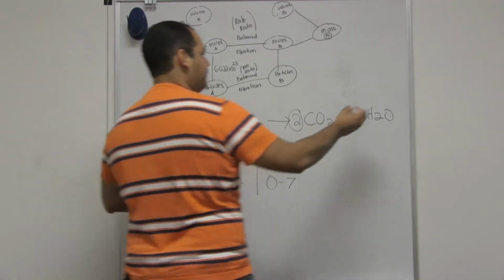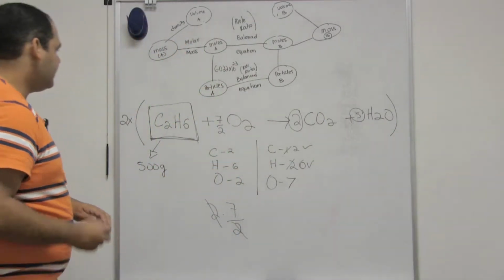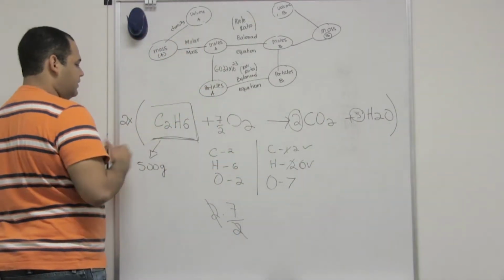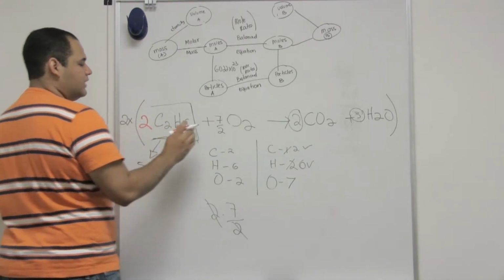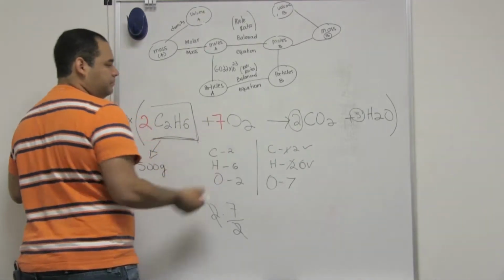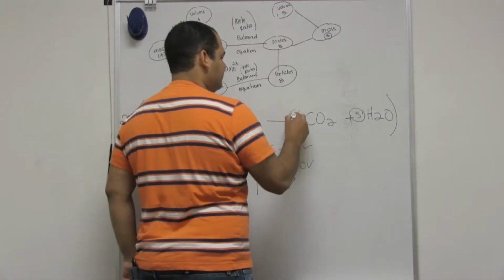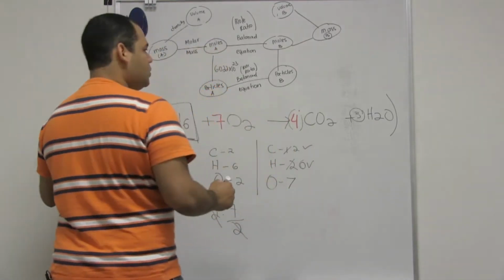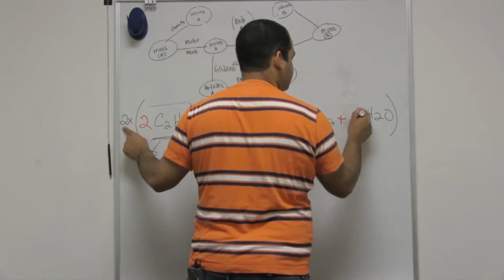Okay? If I do that, I now have a 2 here, because 2 times 1 gives me a 2. 2 and 2 will cancel out, so I end up with a 7. 2 times 2 gives me a 4. And 2 times 3 gives me a 6.